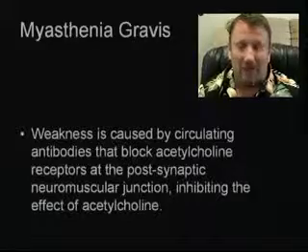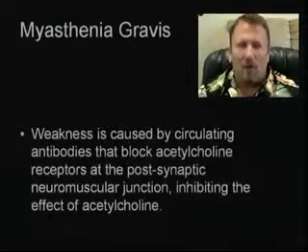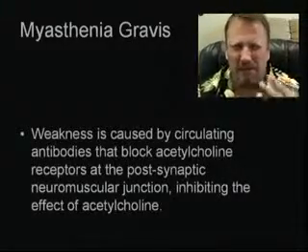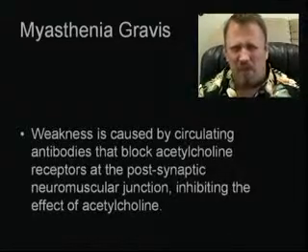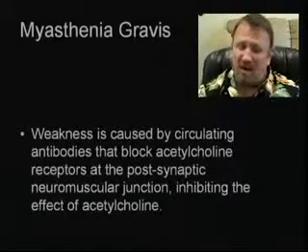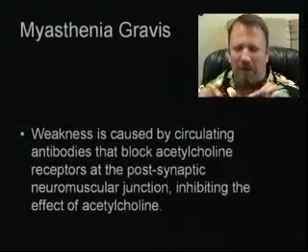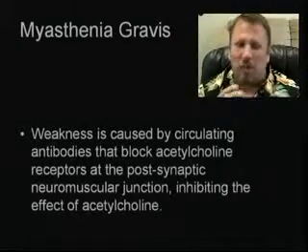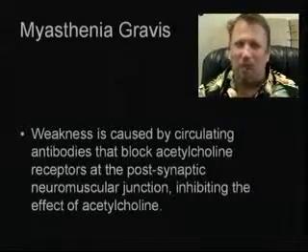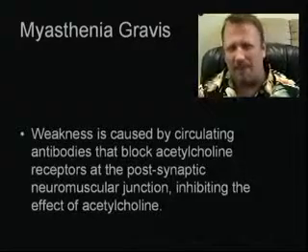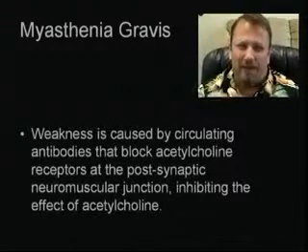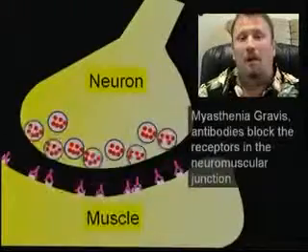But in some situations, your immune system gets confused and starts making antibodies against your own body parts. In myasthenia gravis, circulating antibodies block the acetylcholine receptors, preventing the neuromuscular junction from working properly. And this is the cause of weakness in myasthenia gravis.